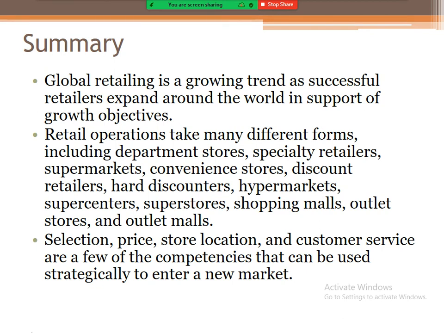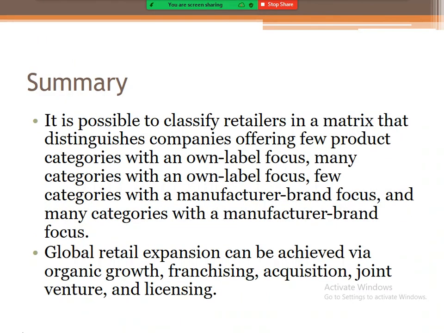Selection, price, store location, and customer service are a few of the competencies that can be used strategically to enter a new market. It is possible to classify retailers in a matrix that distinguishes companies offering a few product categories with an own label focus, many categories with an own label focus, few categories with a manufacturer brand focus, and many categories with a manufacturer brand focus.